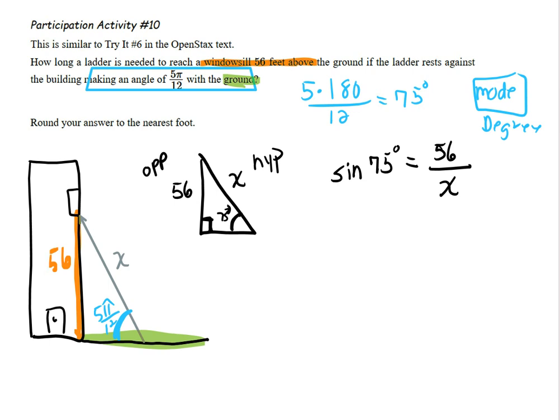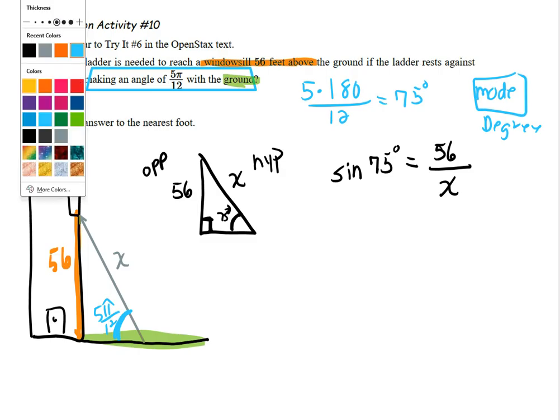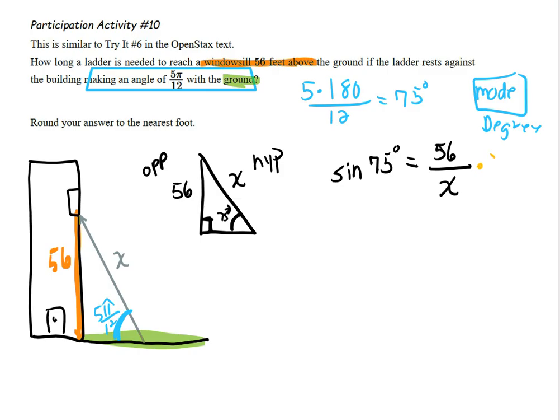Now, in order to solve for X, I would first have to multiply both sides by the X to cancel it out. But then that would leave me with X times the sine of 75 degrees equals 56.